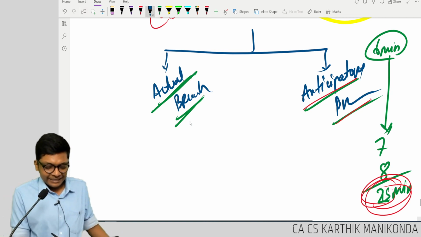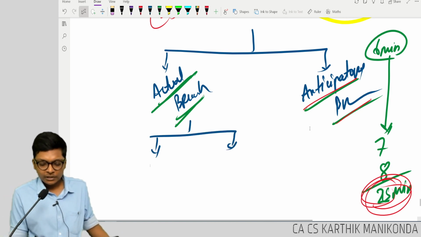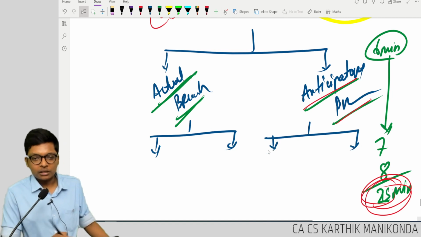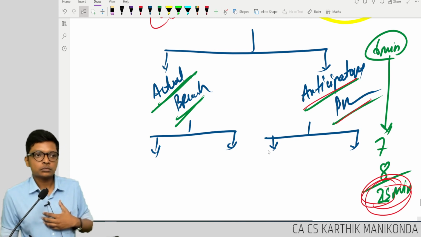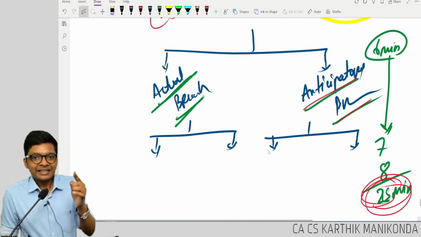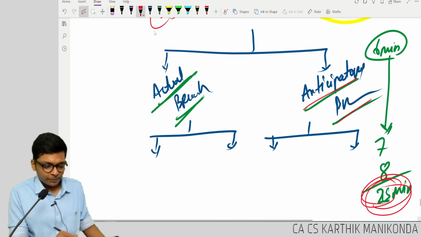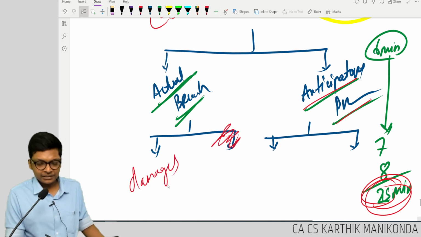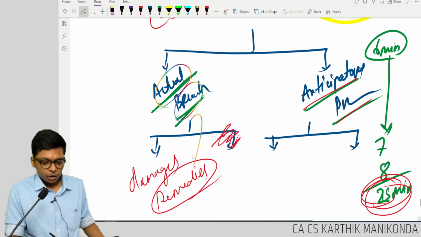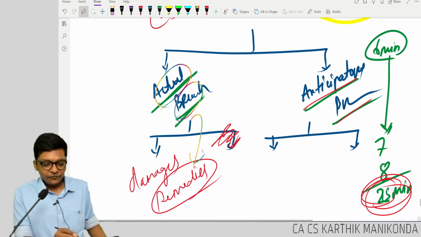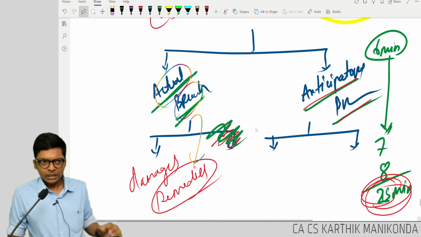So in either case, whether there is an anticipatory breach or actual breach, if there is an actual breach, what can you do? You can sue for damages. That means I can go and get my remedies. When I say damages, get your remedies. If there is an anticipatory breach, you can do two things.